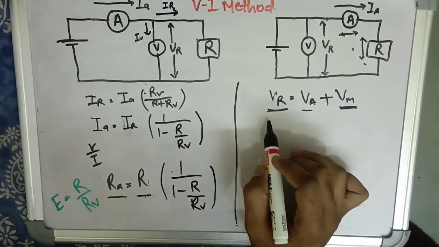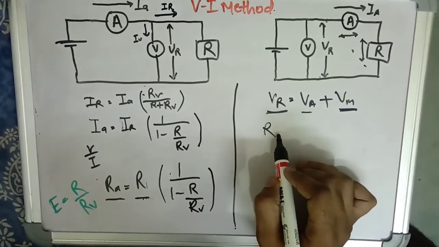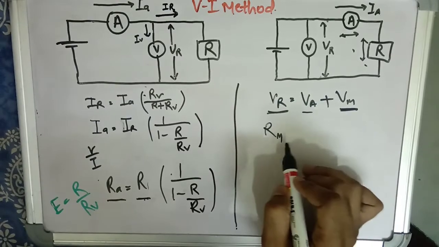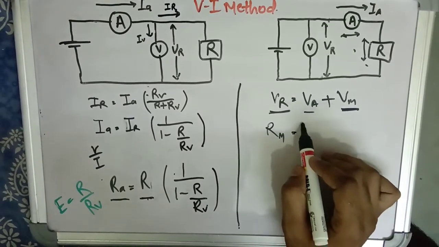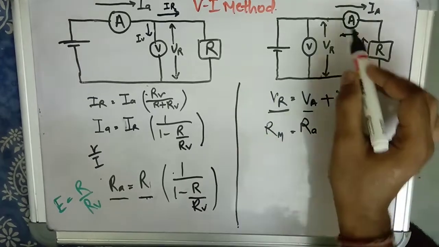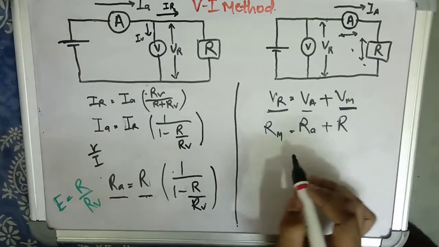So the total resistance that is measured, that is Rm, is equal to Ra, that is the resistance of the ammeter, plus R, that is the actual resistance.